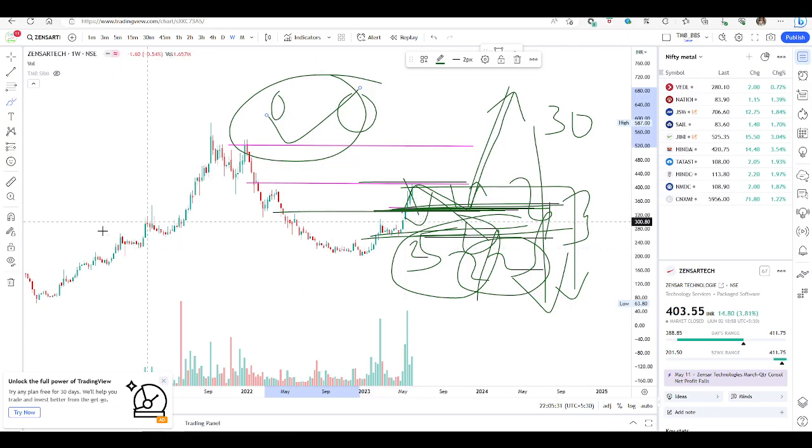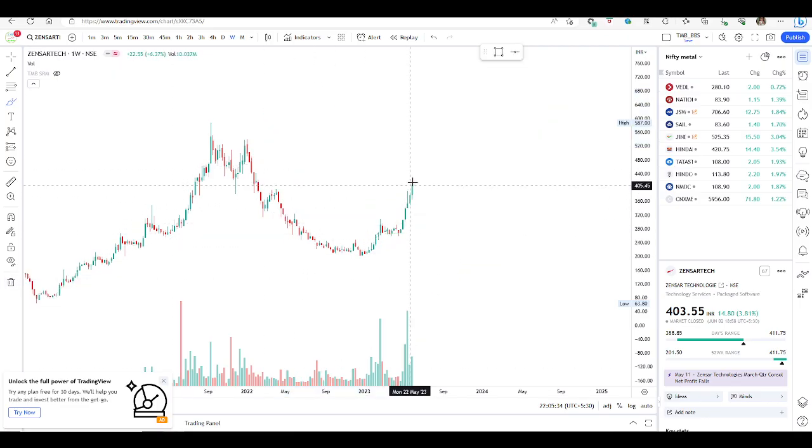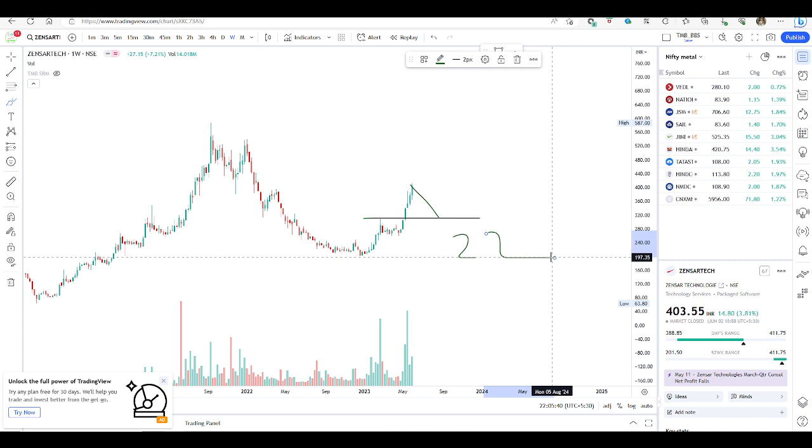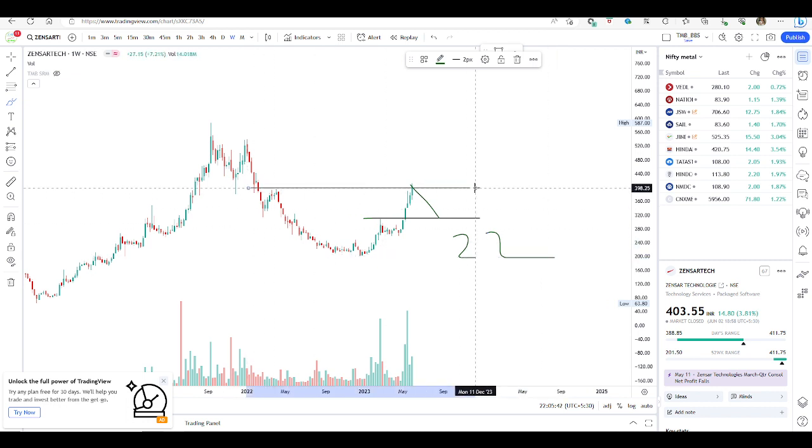In the worst case, if this comes for the retest, use the same 22,000 to take the entry. Okay, in the worst case it is not coming back, it is running towards this place.